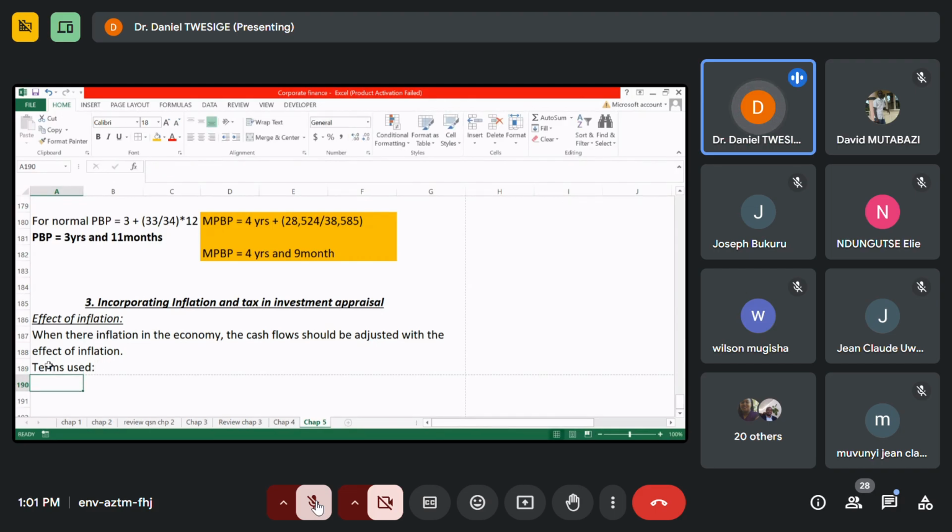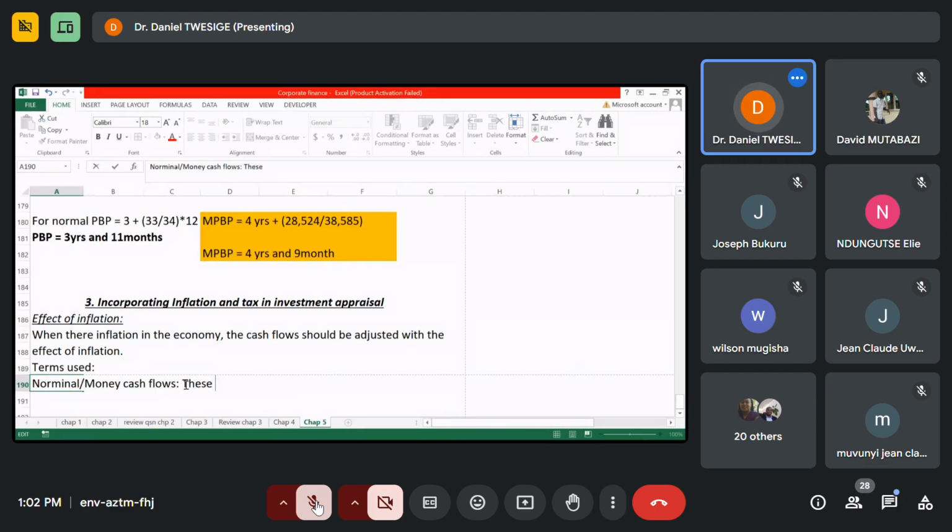Number one, we have what is called nominal cash flows, sometimes called money cash flows. When we say nominal, they are the cash flows after adjusting for inflation. We call them nominal cash flows.